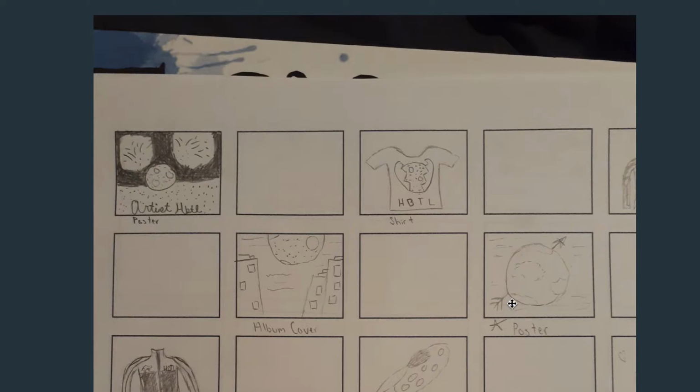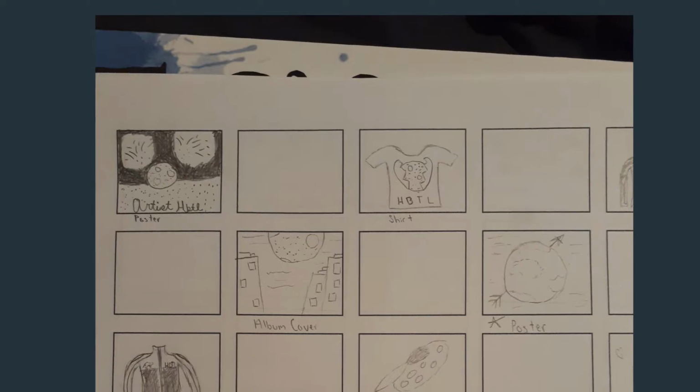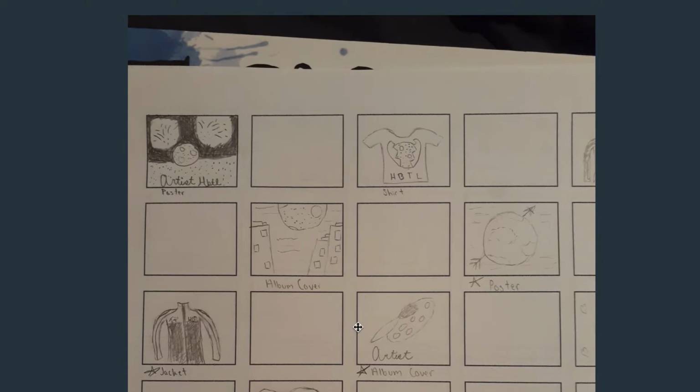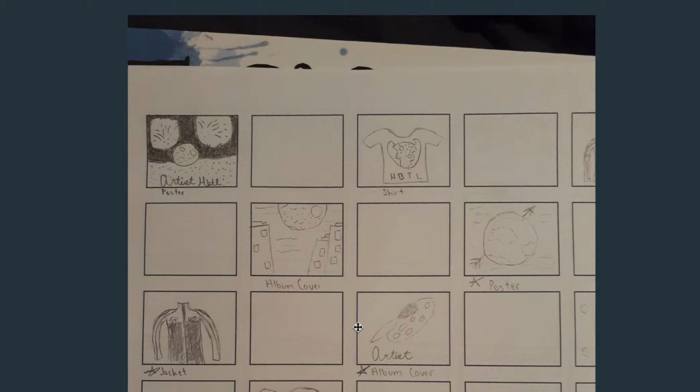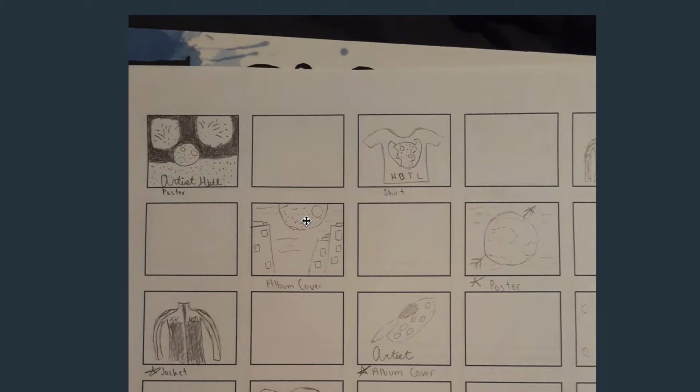So that's doing kind of a combining of ideas and concepts. I feel like some of these are actually doing that. This one especially. This one I don't know about, unless this is like an asteroid or a gigantic moon.